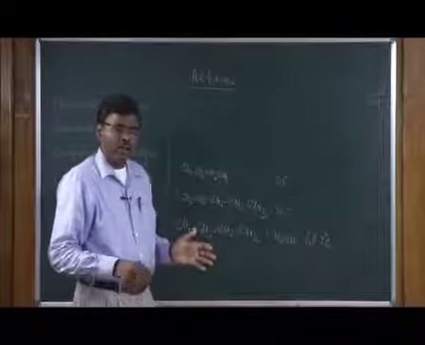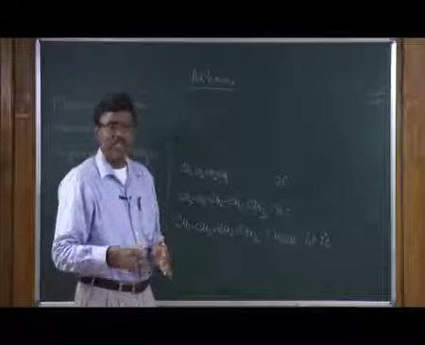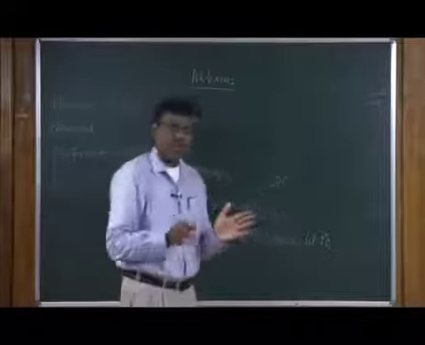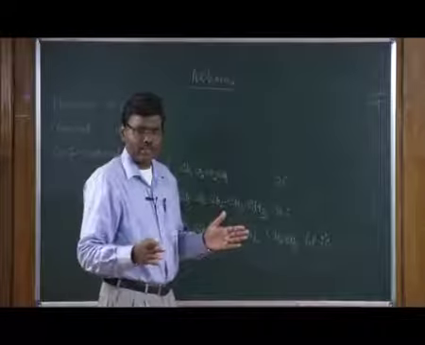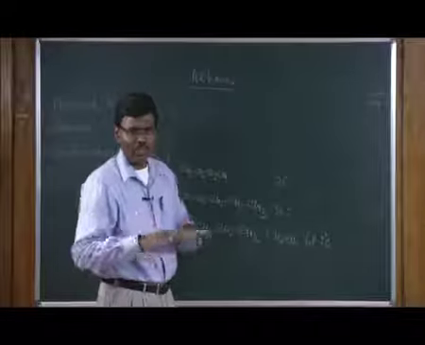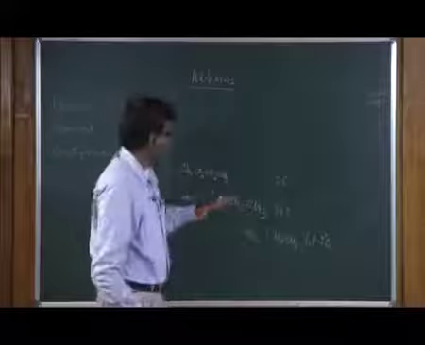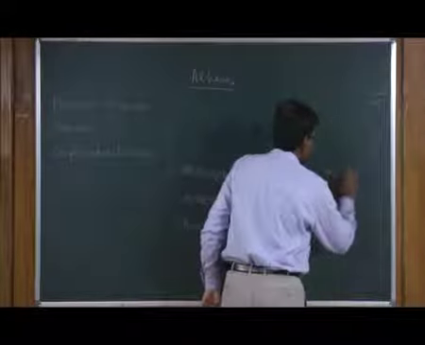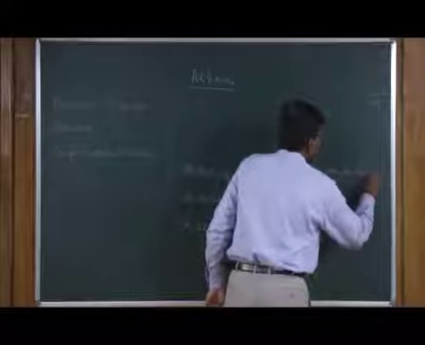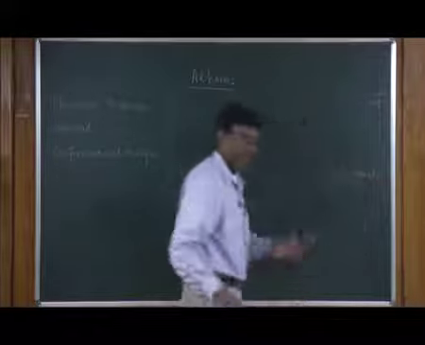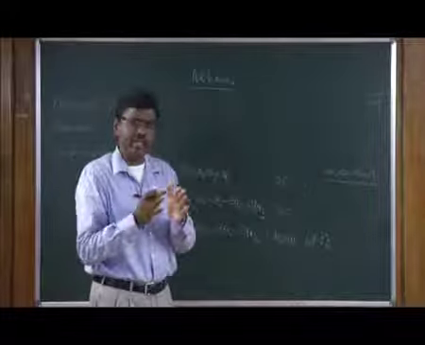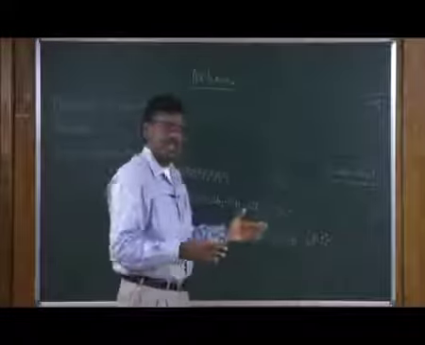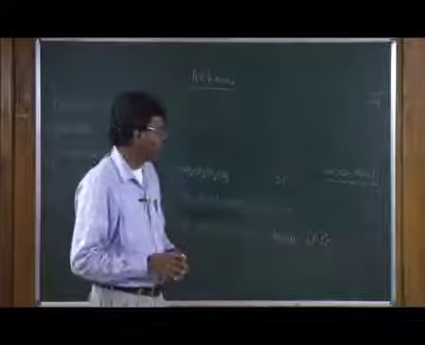Therefore, the boiling point increases with increase of molecular weight. This is because the intermolecular forces between the alkanes increase. When you increase the molecular weight, the surface area is more, and the van der Waals forces between the molecules increase when you have a longer chain with more surface area.